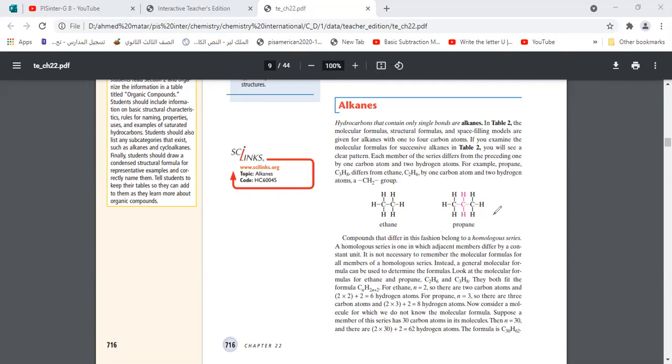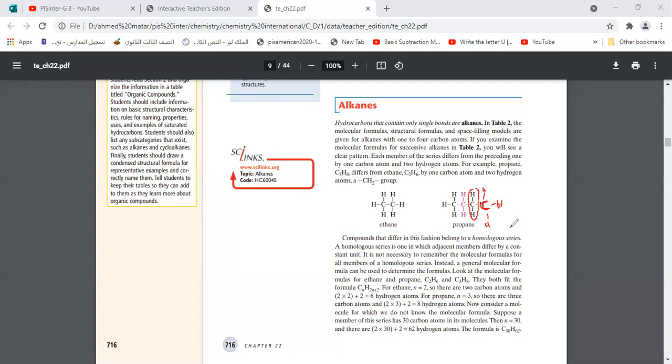That means we need to remove this H and put 1 H here and 1 H here. Like this, if we compare it to the last one, it's still the same, but we just added 1 CH2.